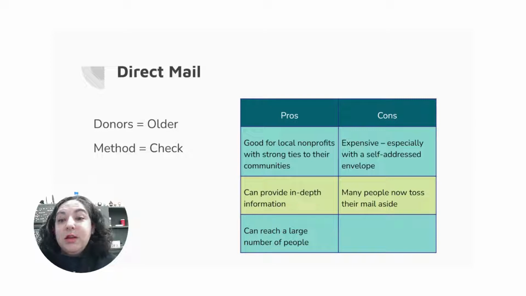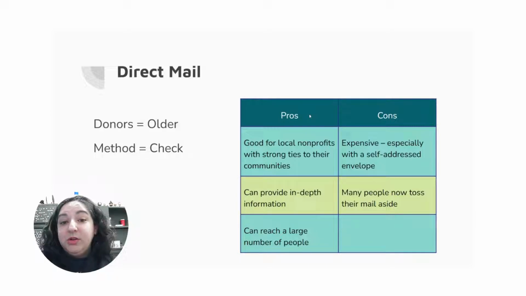My strongest recommendation, though, is if you have a general older population of people who are invested and interested in your organization or what you're doing, direct mail is great, but definitely send it to people who are familiar with your organization. What you're going to do is receive a check back from those folks. So this can be a slightly expensive proposition because if you're asking folks to send in a check, you want them to have a way to send that back to you.